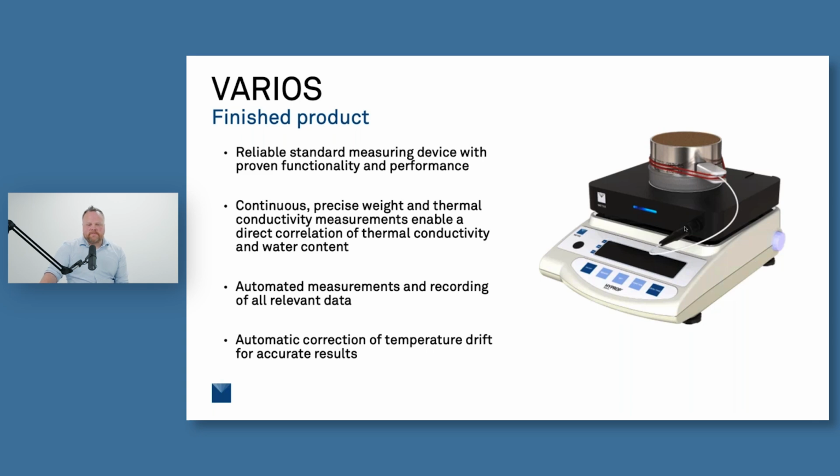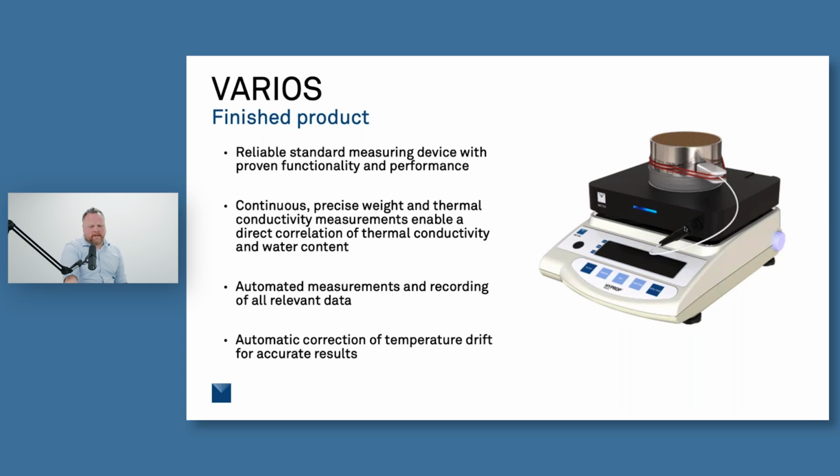These samples will start by being saturated, and then they will dry out by evaporation from the top. The balance will be measuring the weight of the sample as it changes, as water is lost. And from that, it will calculate your water content, and it'll also do your thermal conductivity as that sample dries.